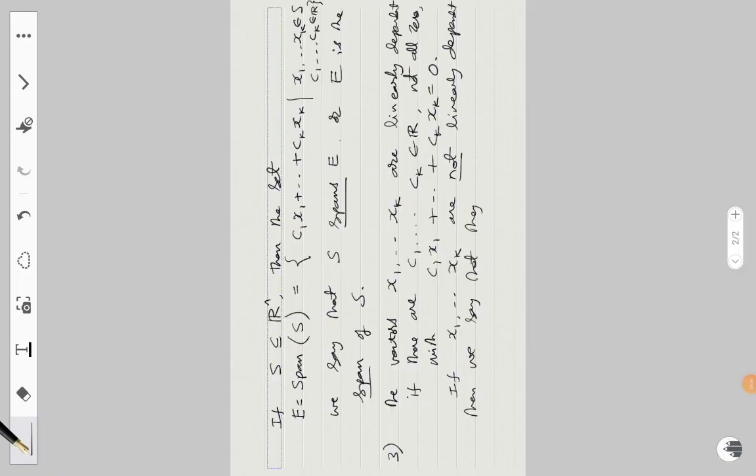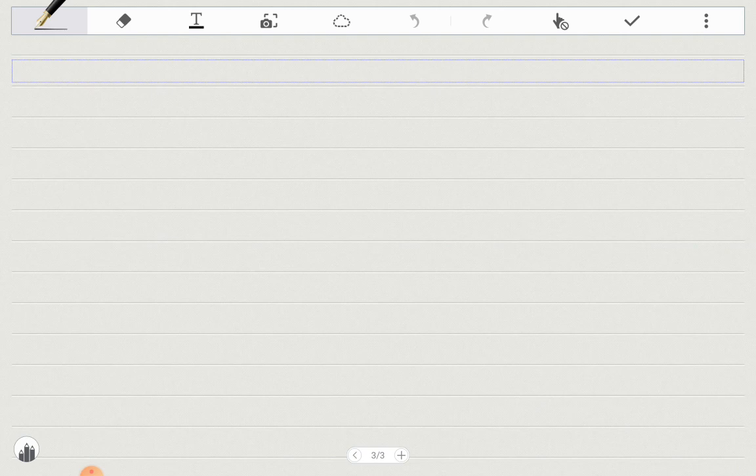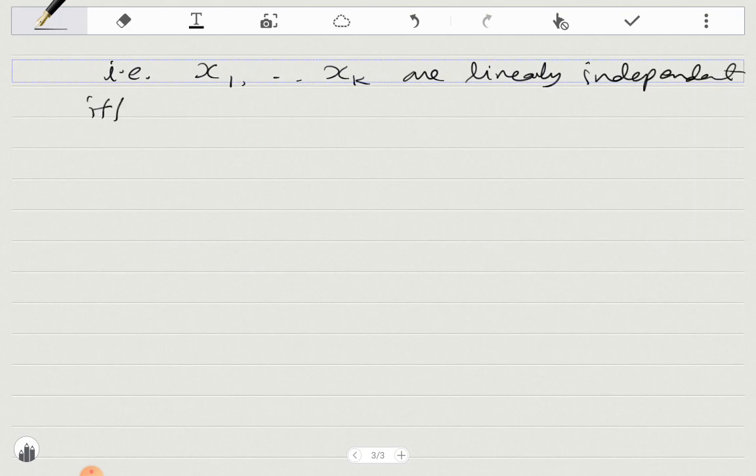Another way of expressing linear independence: x1 to xk are linearly independent if and only if the following happens: whenever any linear combination of these is 0, that linear combination has to be the trivial linear combination.